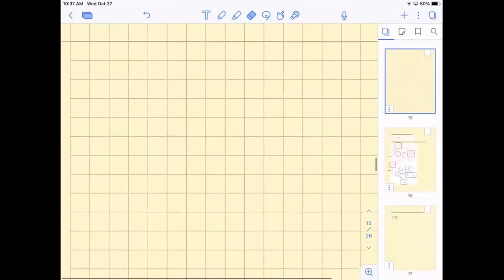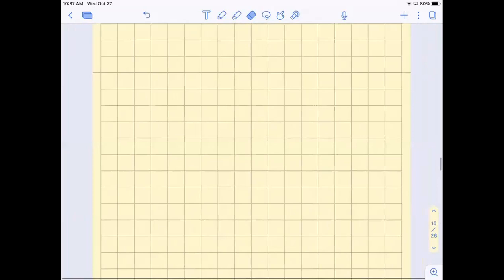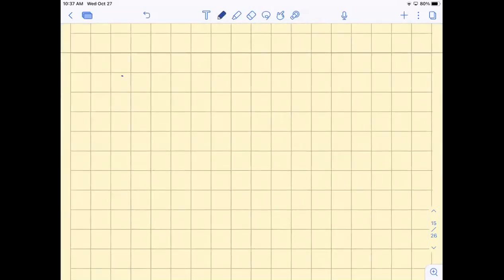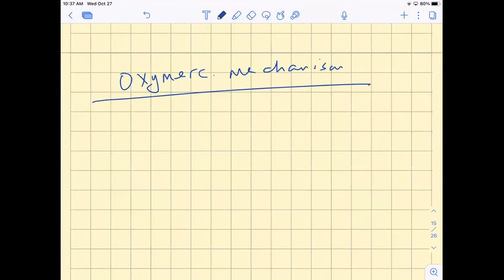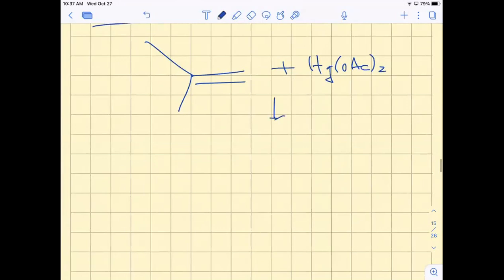All right, so if I take that same alkene, when I add these two together, this is going to attack mercury like so.